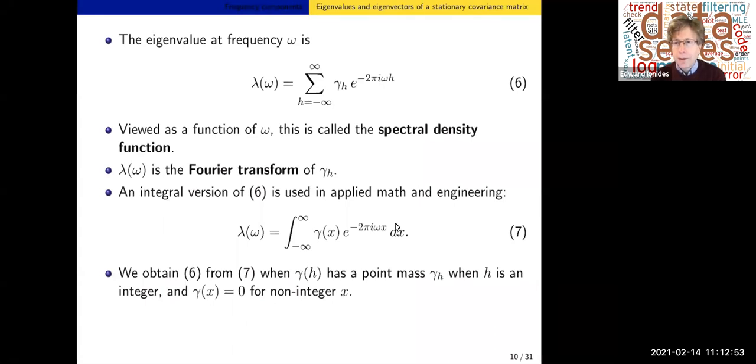And so I'll just point out that these are really the same thing, because if you think of the autocovariance function gamma h, it only takes values at integer values. And so if you put gamma of x, where x takes masses at point values, at integer values, then the integral turns into a sum and you get exactly 6 back again. So this is the regular Fourier transform.